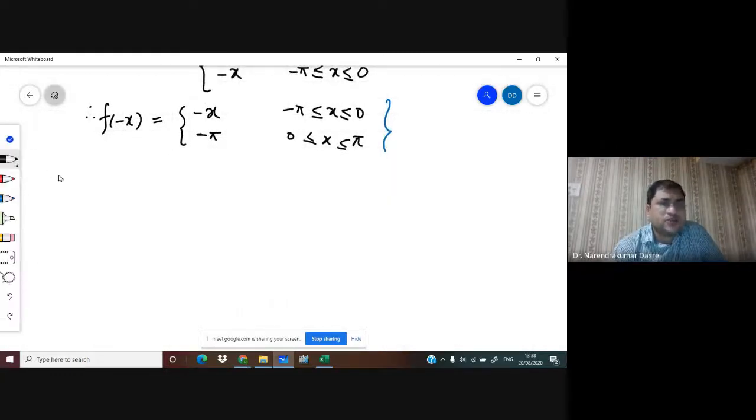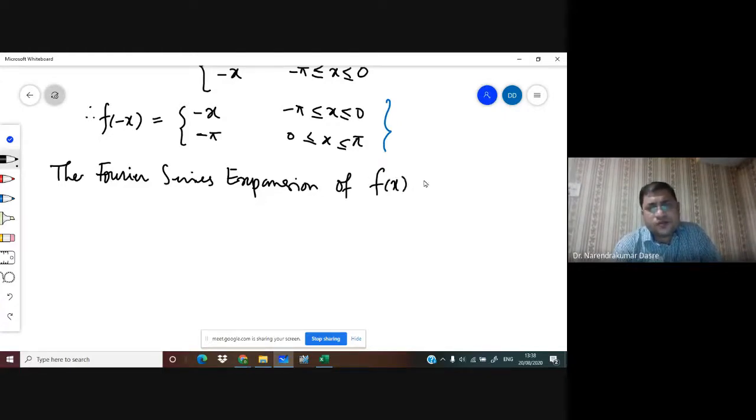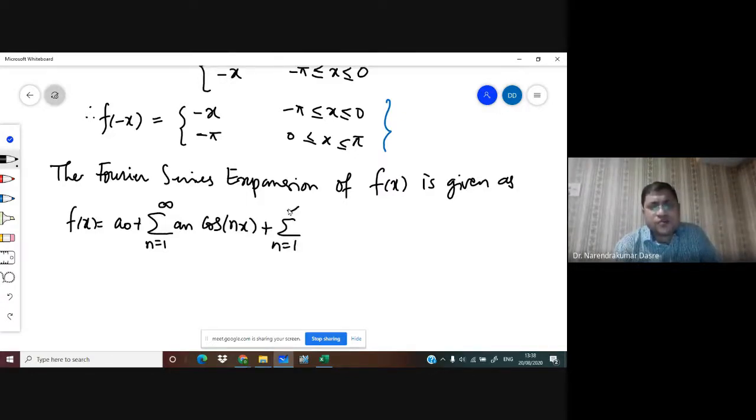Okay, so we know that if we have the neither even nor odd case, then the Fourier series expansion of f of x is given as f of x is equal to a0 plus summation n running from 1 to infinity an cos of nx plus summation n running from 1 to infinity bn sin of nx. That is equation 1.